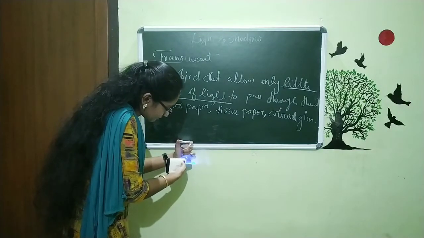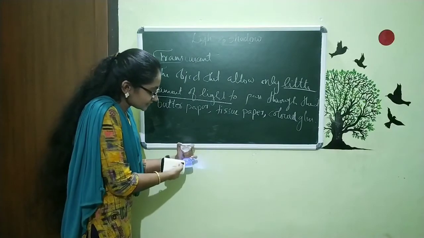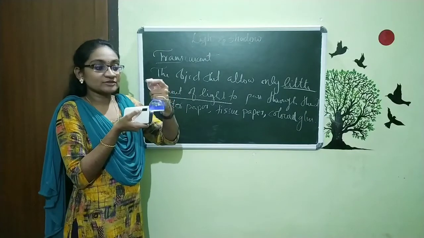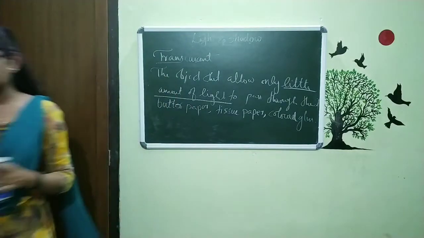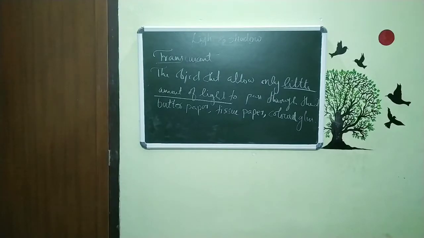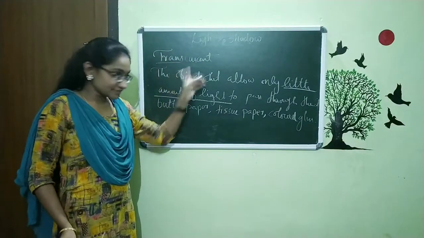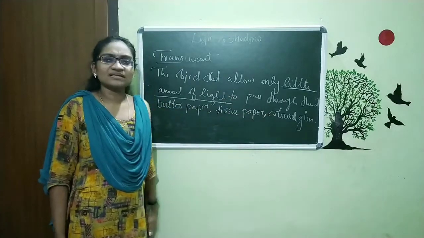This is blue color and my light is white. And when the light is transmitting through this, what happens? The color is getting blue. So this is also the example of translucent material. We can categorize the colored glass in the category of translucent materials. So the examples for the translucent materials are butter paper, tissue paper and colored glass.